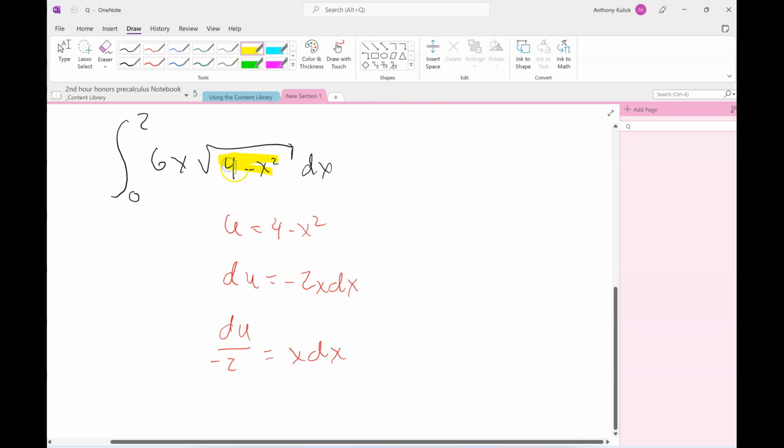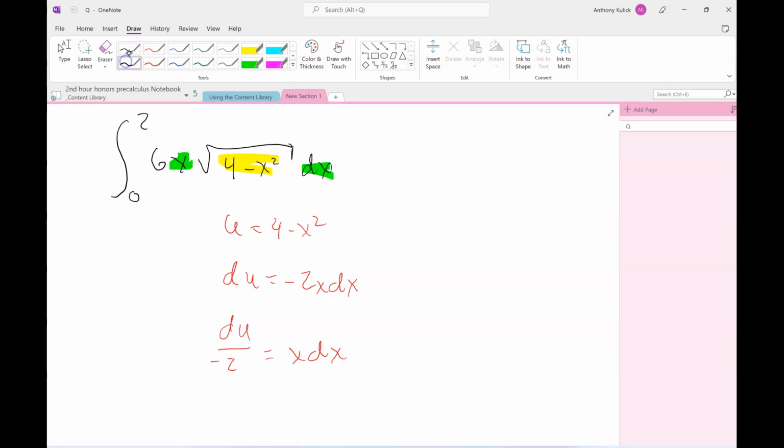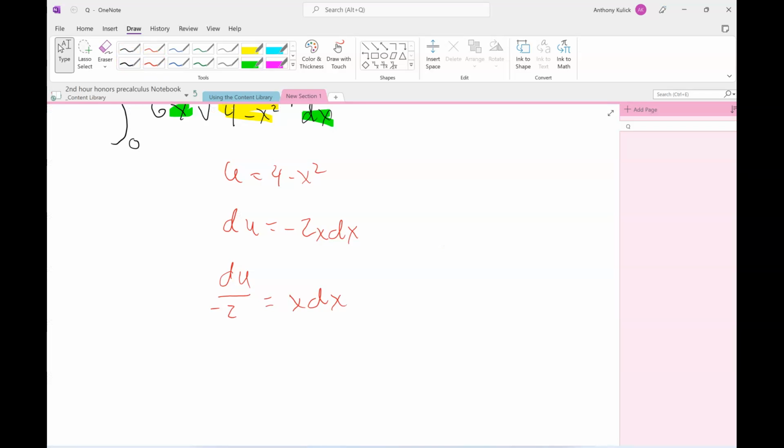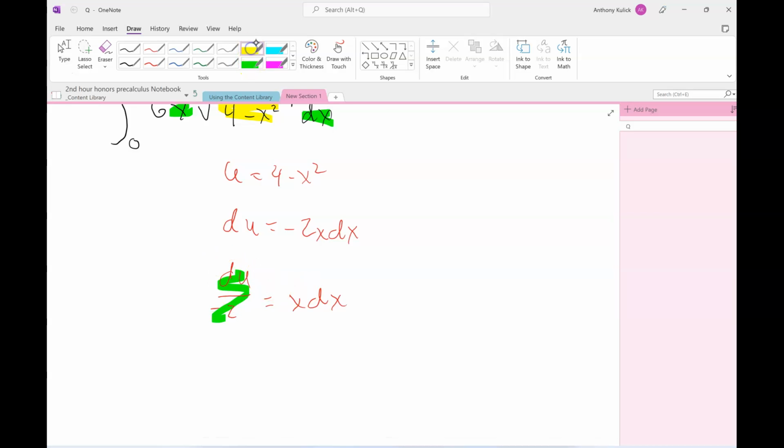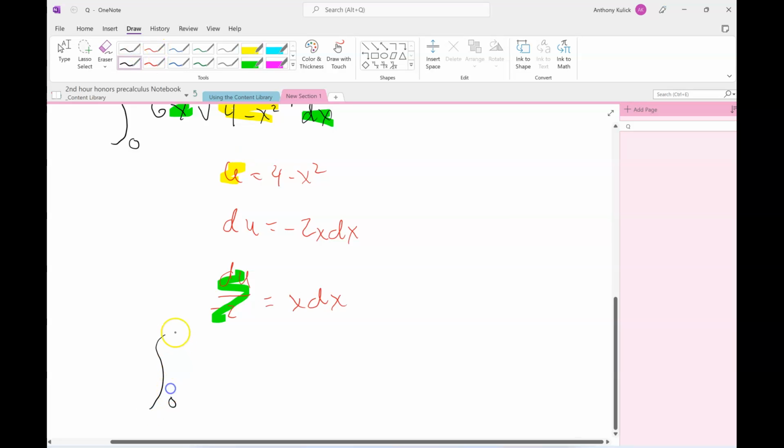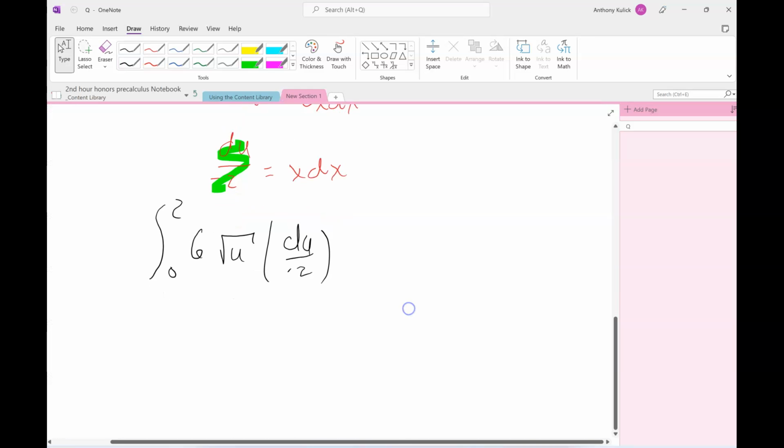So this part is going to be u, and then this part is going to be du over -2. You guys buy that? So 0 to 2, 6, and then we have square root u, and then we have our du over -2.